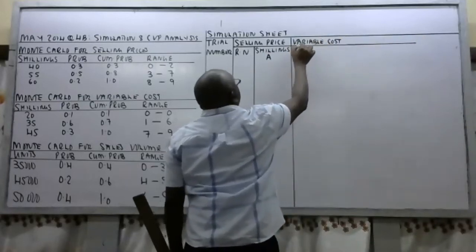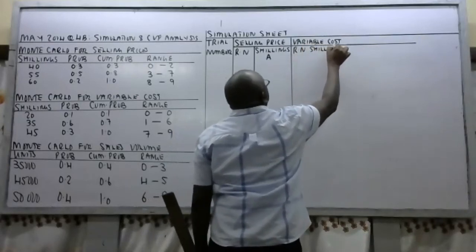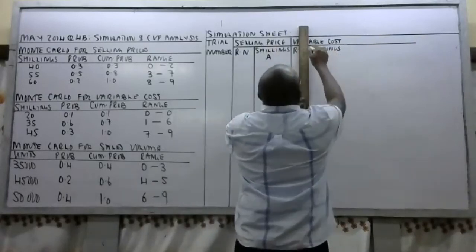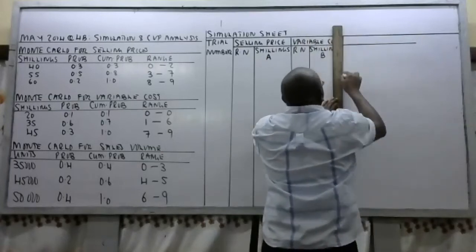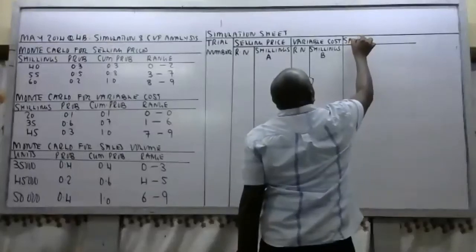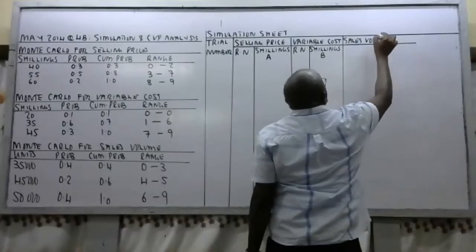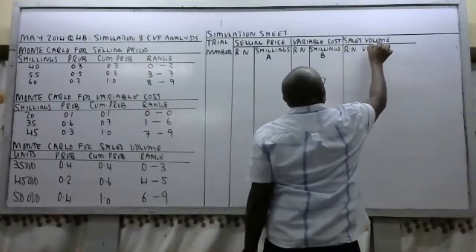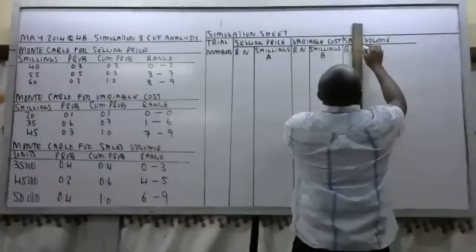Variable cost will be random number and then shillings. That one we call B. Then I will have sales volume. Sales volume is random number and then units, which I want to call C.